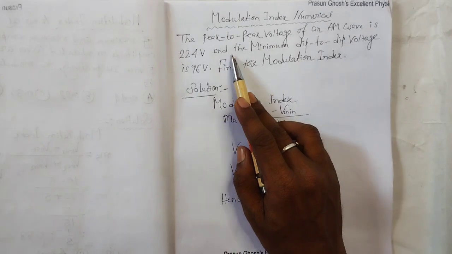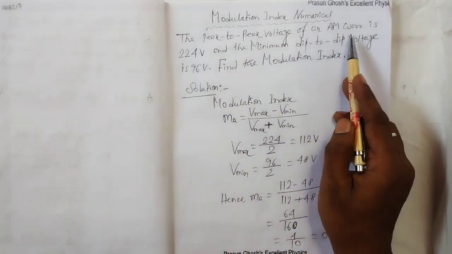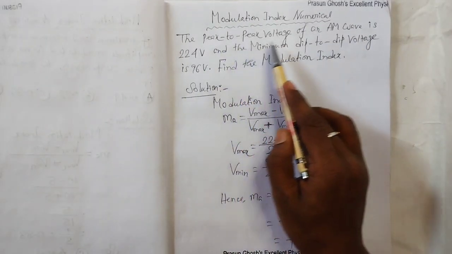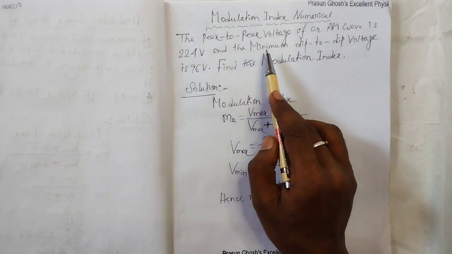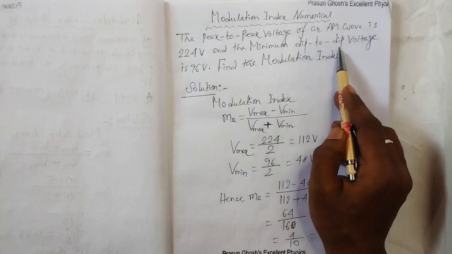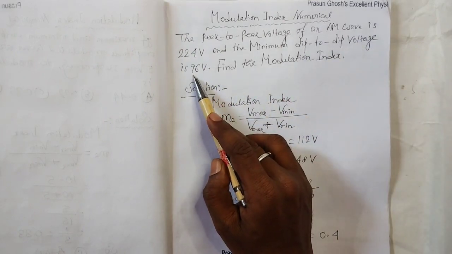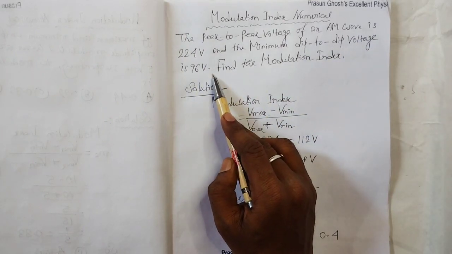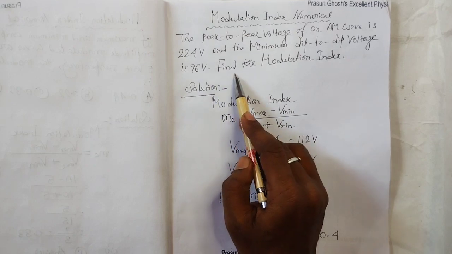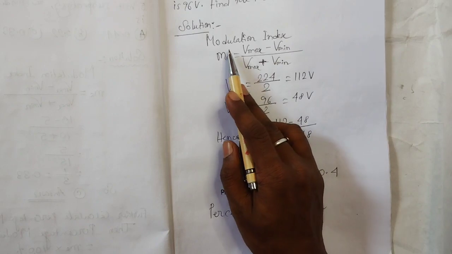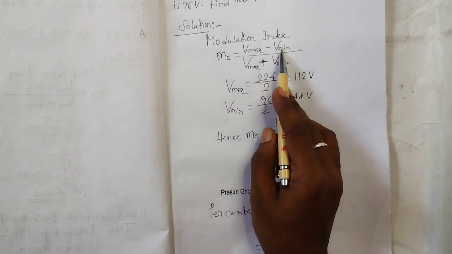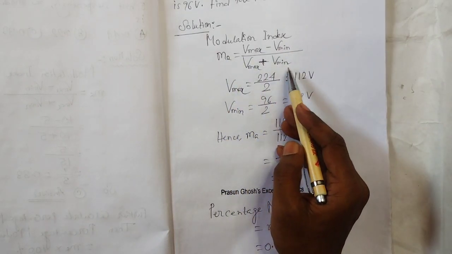The peak to peak voltage of an AM wave is 224 volt, and the minimum valley to valley voltage is 96 volt. Find the modulation index. Ma equal to (Vmax minus Vmin) by (Vmax plus Vmin).